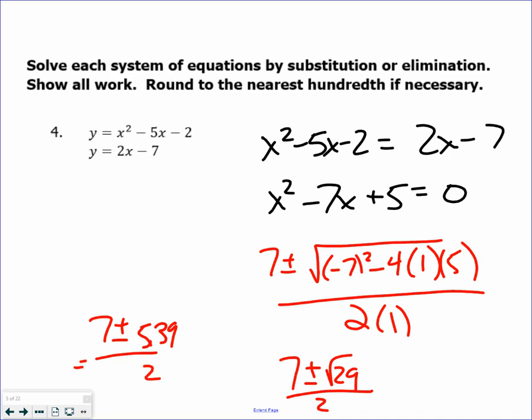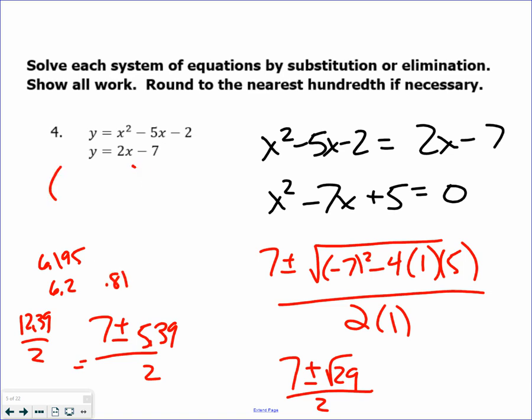So now 7 plus 5.39 would be 12.39 divided by 2, which is 6.195 or 6.2. And then 7 minus 5.39 divided by 2, I get 0.81.